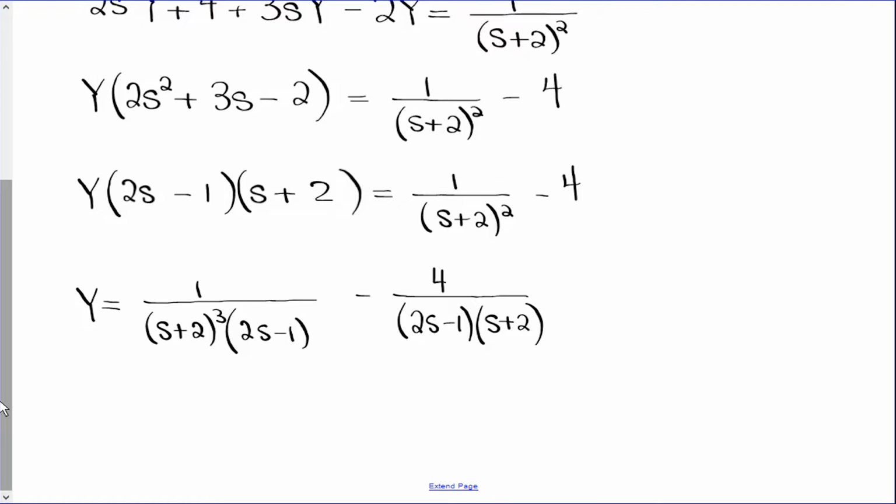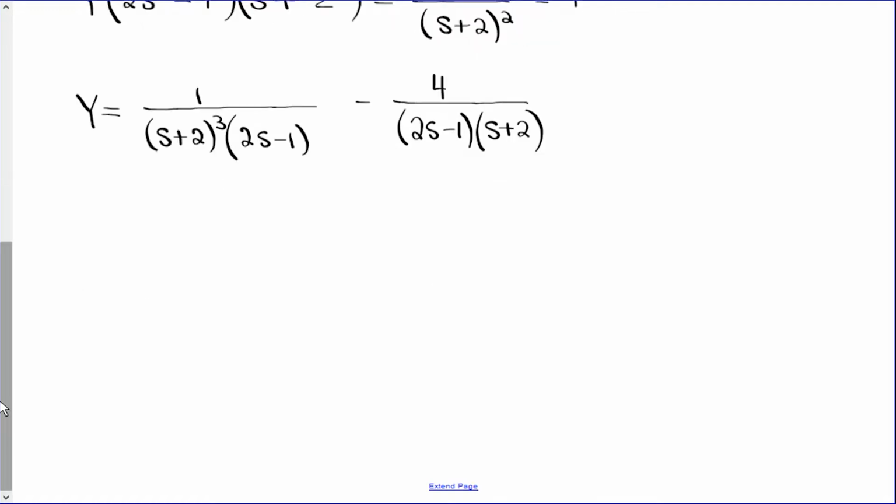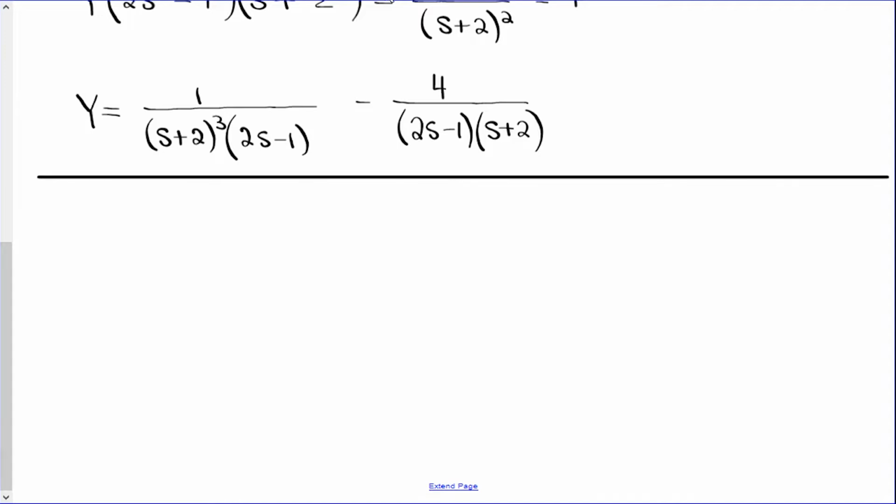The first one's going to be a little ugly, but there's nothing much we can do about it. So we're going to go aside over here and take a look at each one of these two rational functions and apply a partial fraction decomposition to them one at a time. Let's leave this as it is for the time being, and we'll come right back to it.